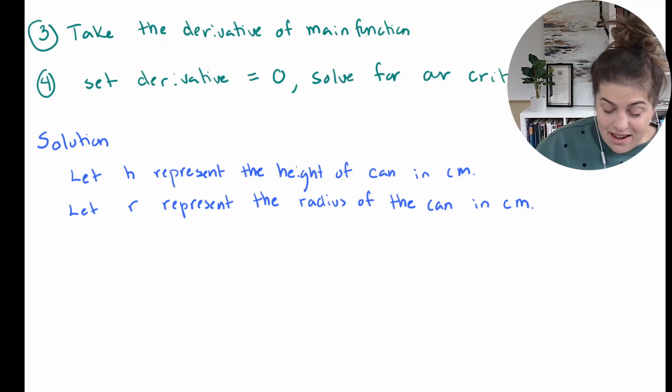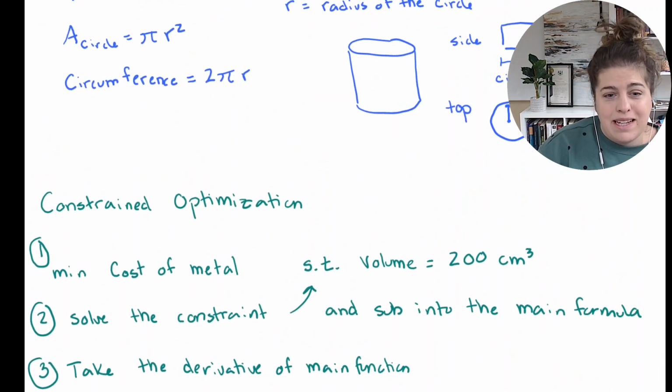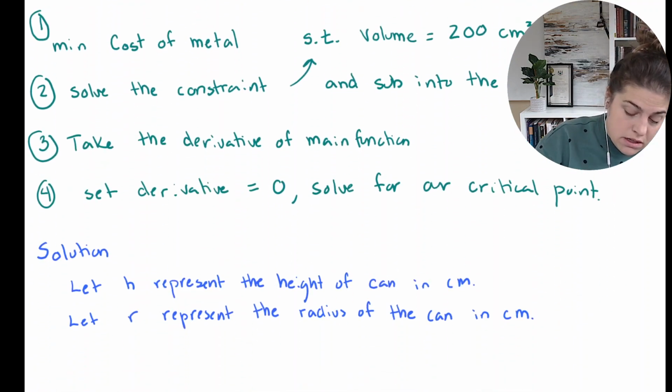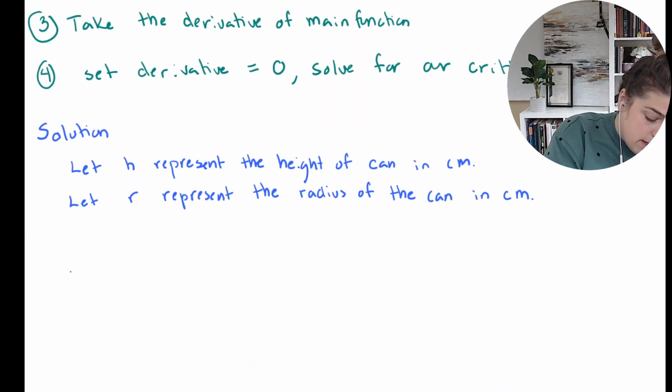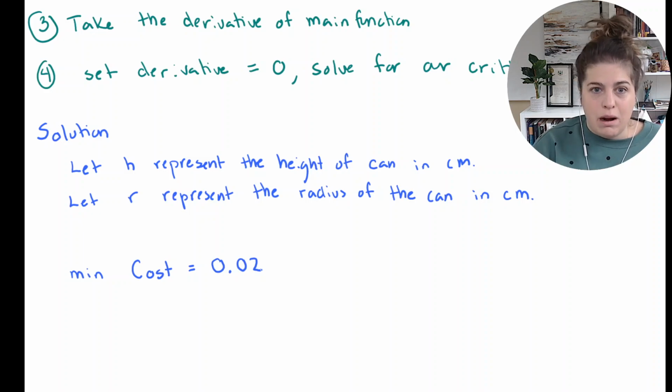Okay. And our objective function here, the thing that we're trying to minimize, is the cost of the metal. So our goal is to minimize that cost, where it told us that it was going to be 2 cents for the top and the bottom of our can.